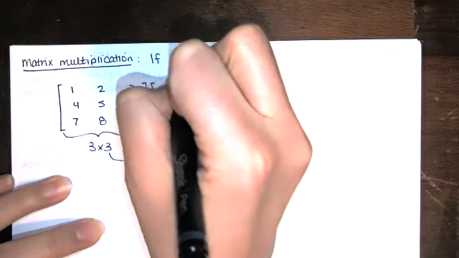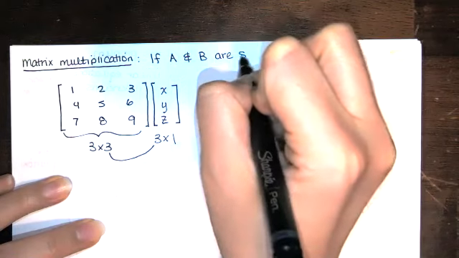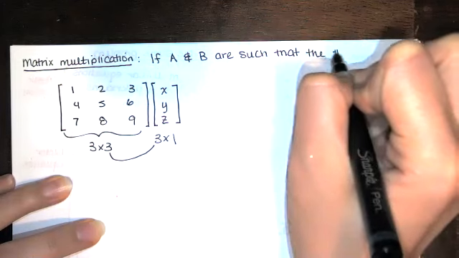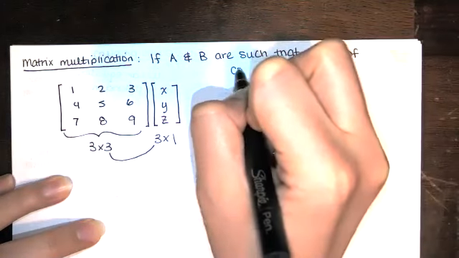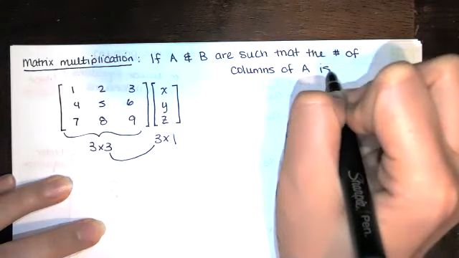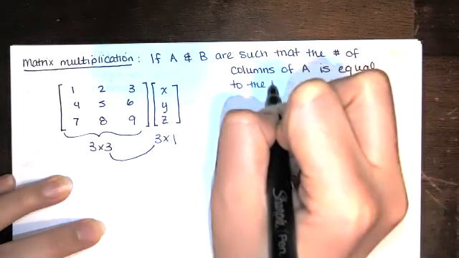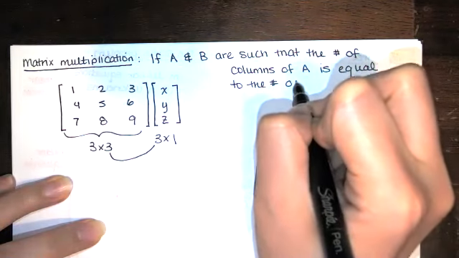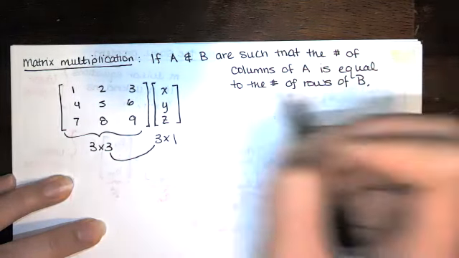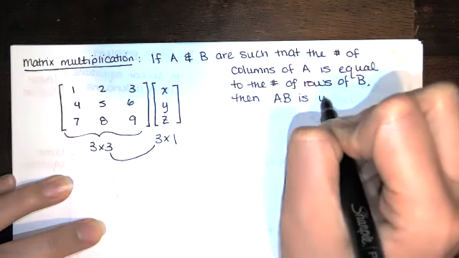Let's say if A and B are such that the number of columns of A is equal to the number of rows of B, then the product A times B is well defined.